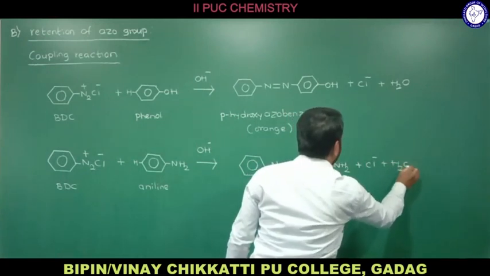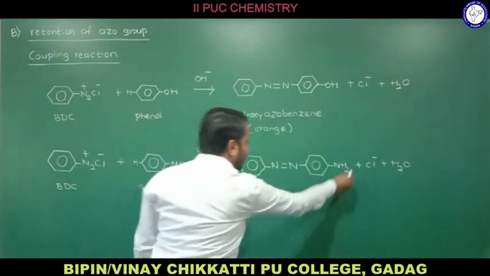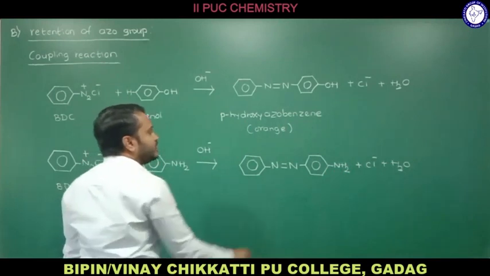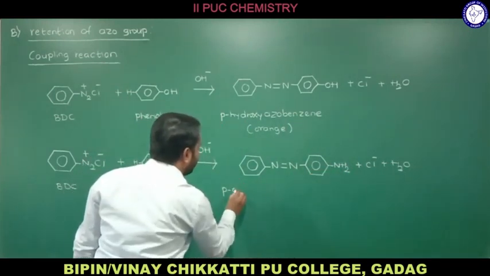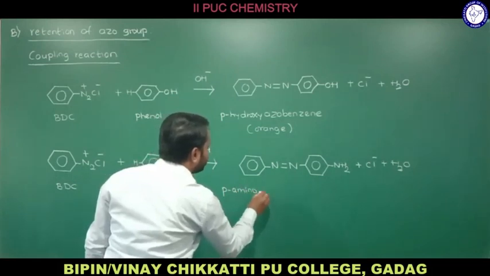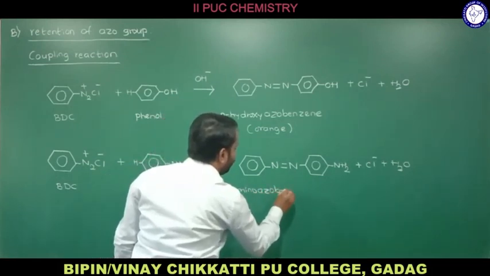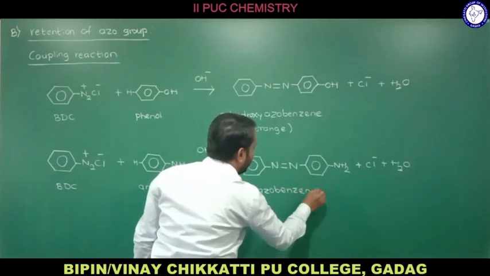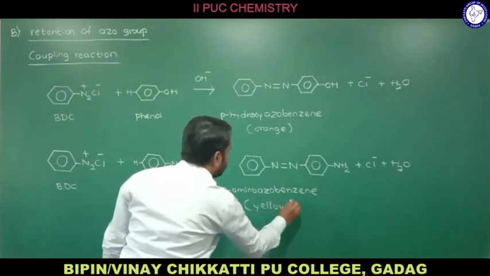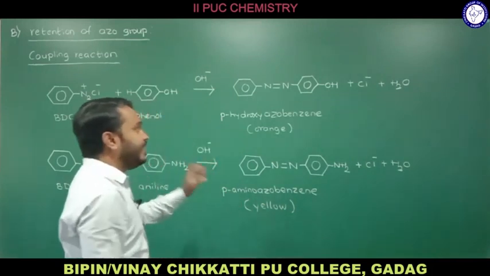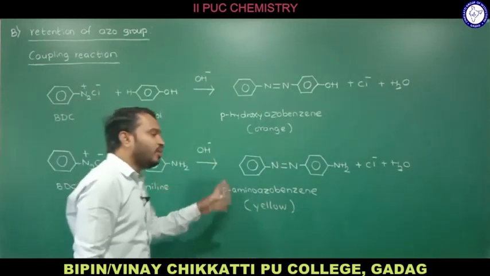This is the common thing, and here the NH2 amino group is present at the para position to this one. Therefore the name of this compound will be para amino azobenzene, and this is a yellow colored dye. Azo dyes we are going to get.